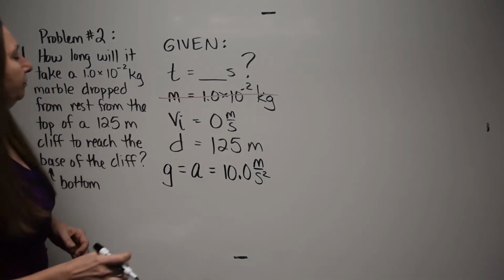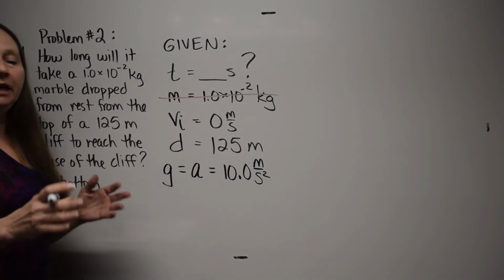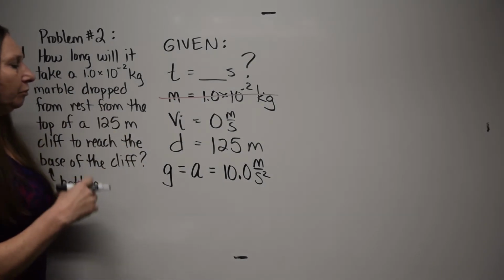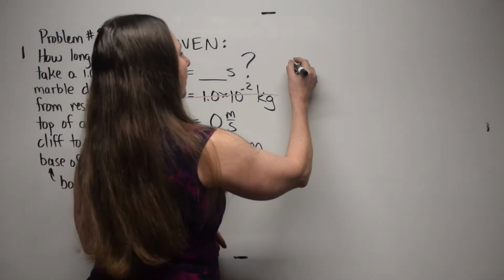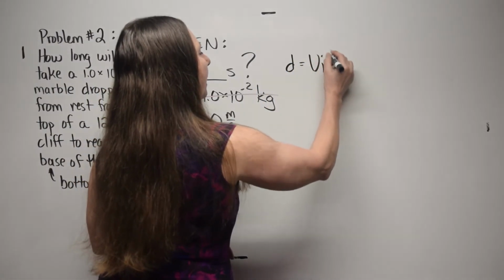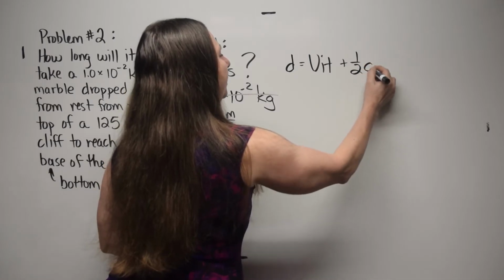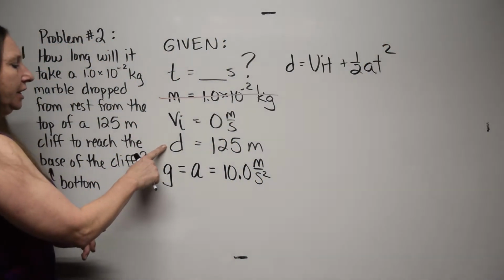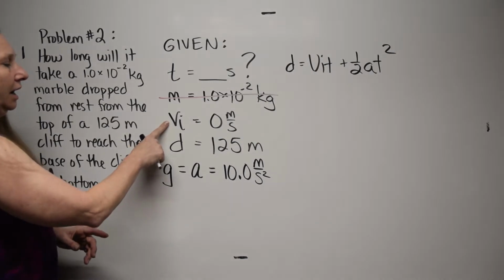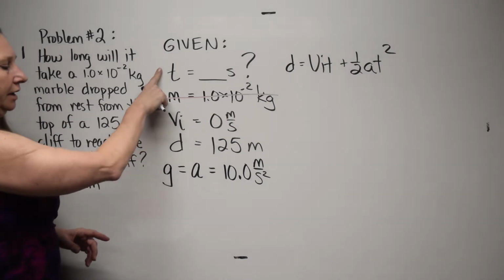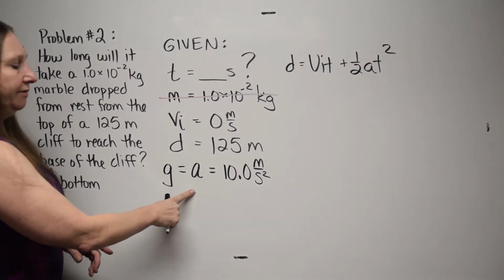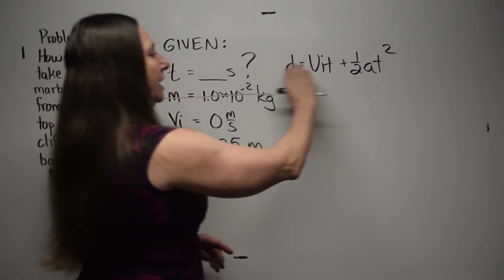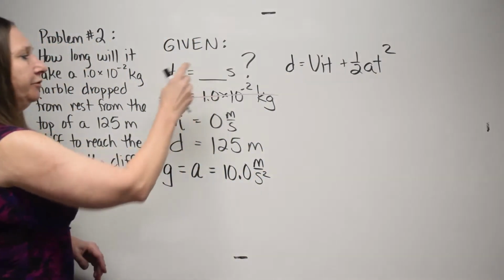Now, as far as picking an equation, we have the equation d equals V initial times T plus 1/2 A T squared. Let's take a look. D, V initial times T, and 1/2 A right there. So we have everything except for the time.